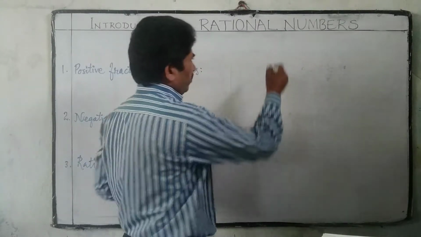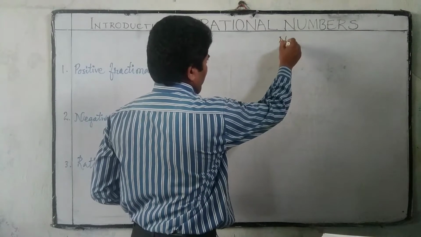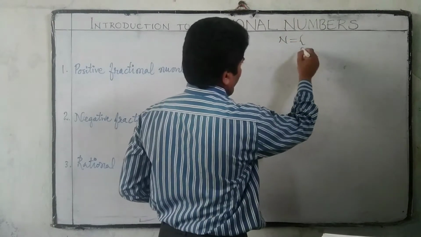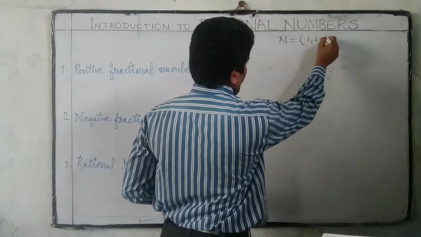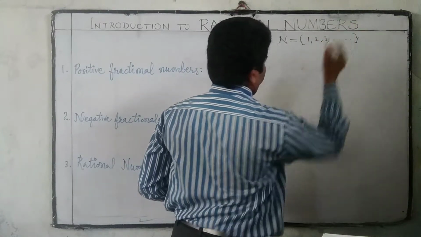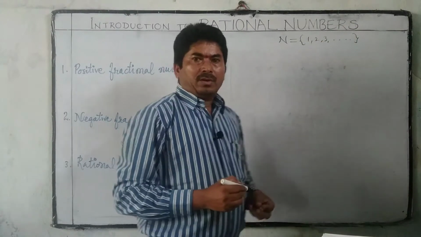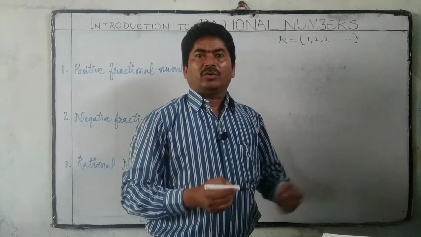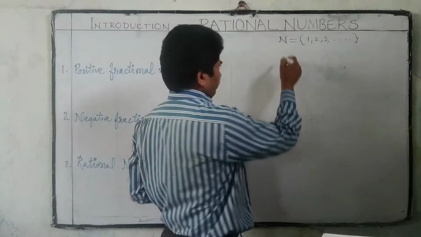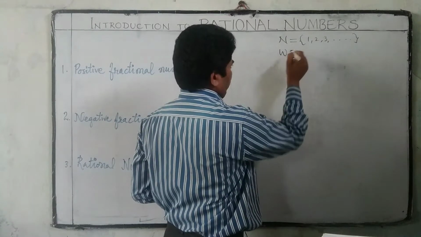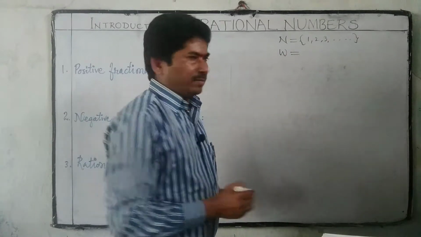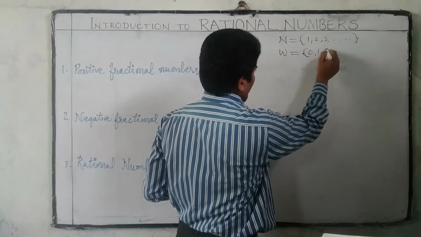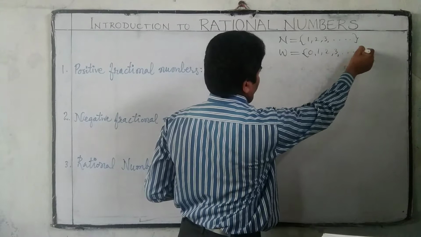Natural numbers are denoted by the letter N. N is equal to set of 1, 2, 3 and so on. Natural numbers together with 0 are called whole numbers. Whole numbers are denoted by the letter W. W is equal to set of 0, 1, 2, 3 and so on.